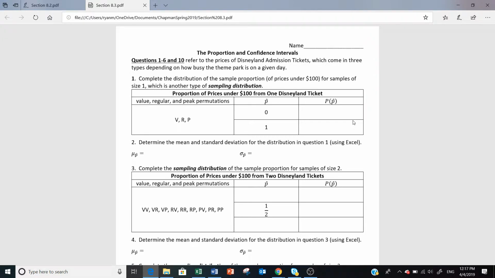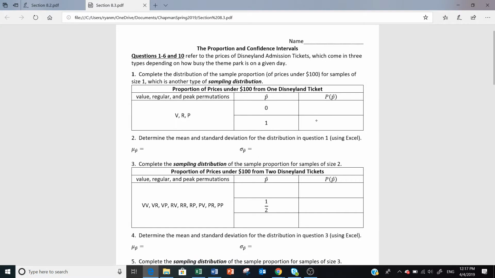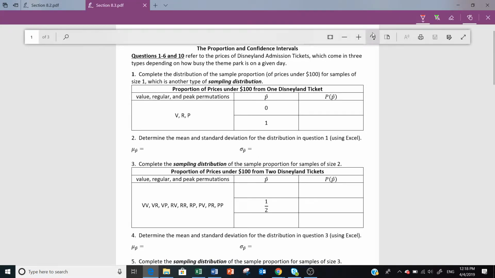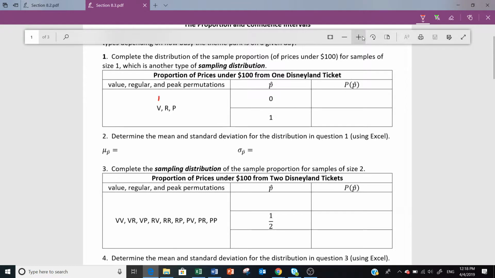Okay, let's go ahead and share the first answer. So what I'm going to do right over here is write that this was a 1. This is a 1 and these two are zeros because neither of them are under 100. So how many zeros are there? 2 out of 3. How many 1s are there?